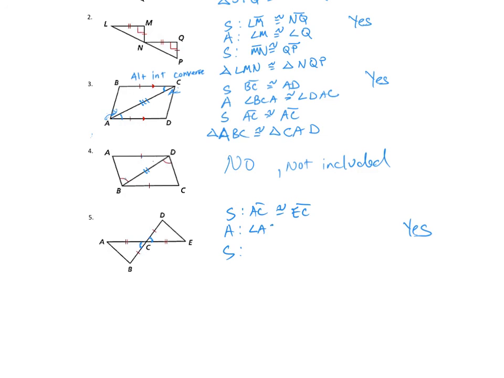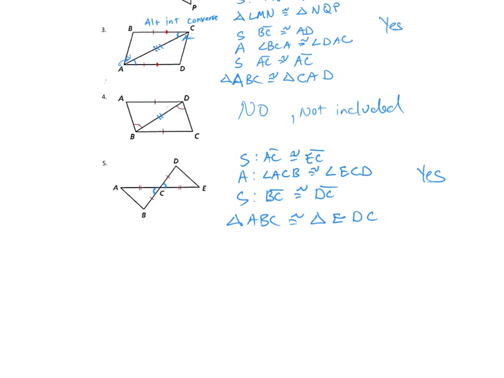Angle ACB is congruent to angle ECD, and BC is congruent to DC. And our triangle is triangle ABC. Remember, match up the right angles. So E, D, and C. And that is all for today.